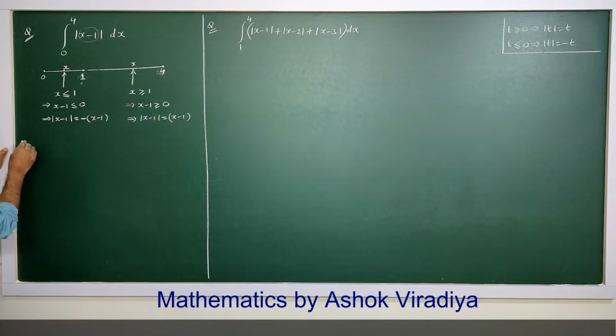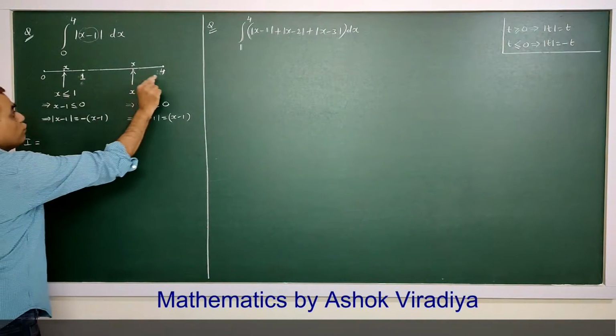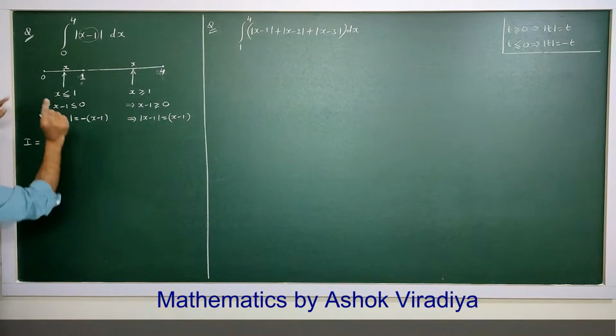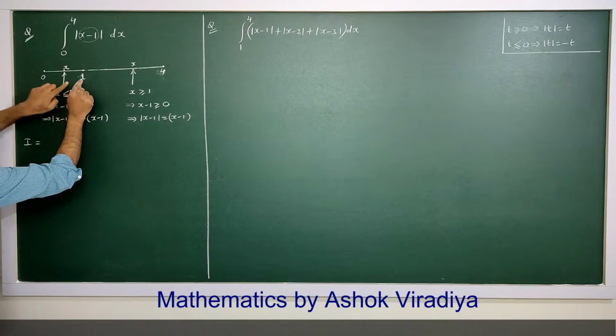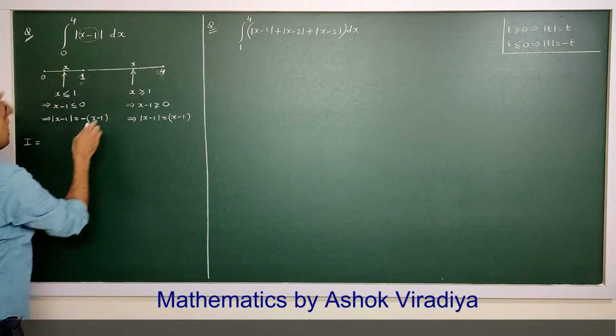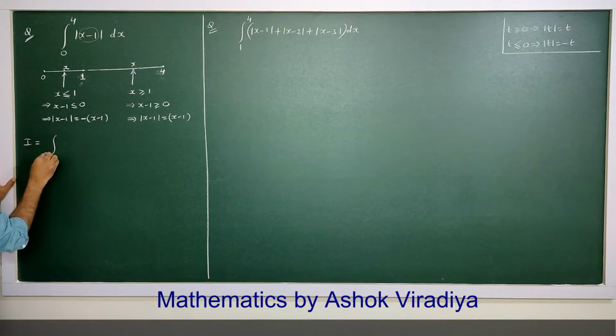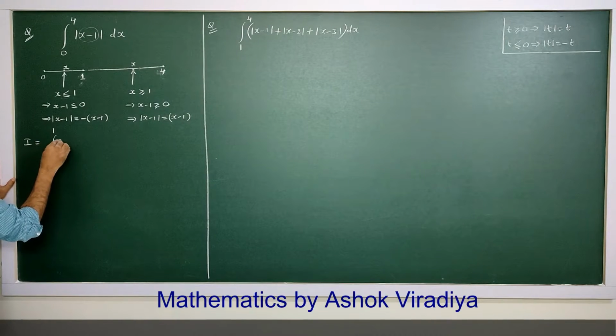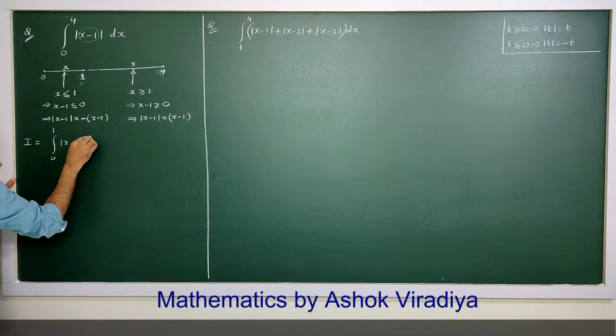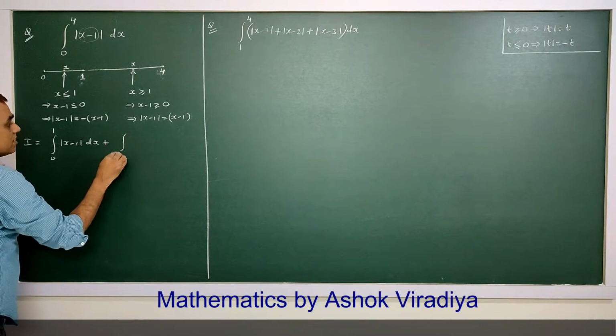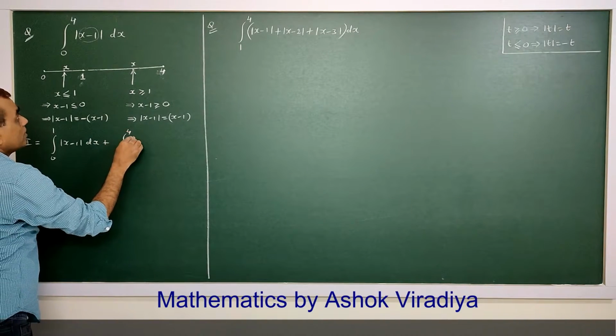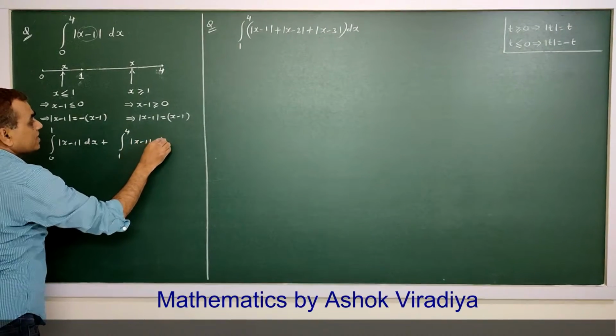Therefore the integral can be separated: the integral from 0 to 4 we express as 0 to 1 plus 1 to 4. So the integral 0 to 4 equals the integral 0 to 1 of modulus x minus 1 dx plus the integral 1 to 4 of modulus x minus 1 dx.